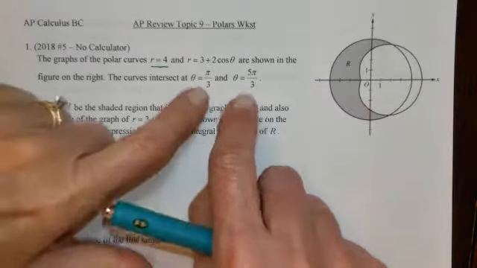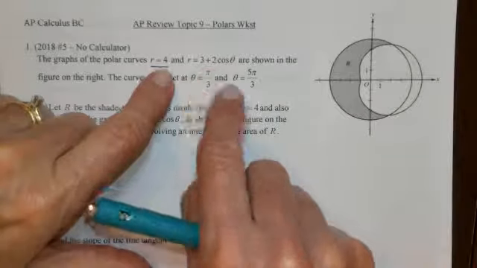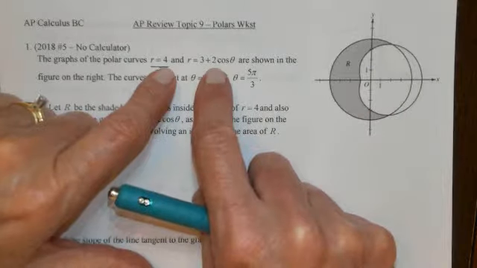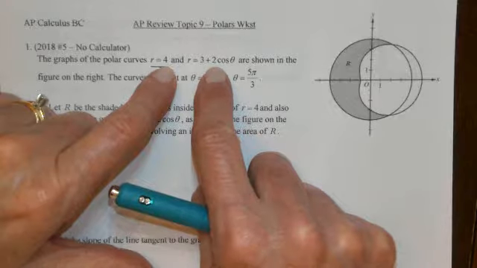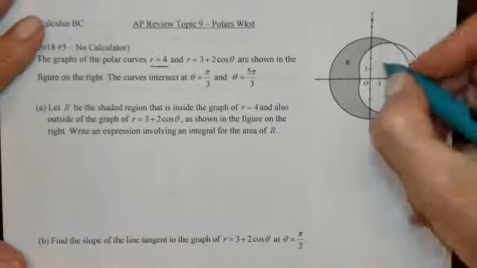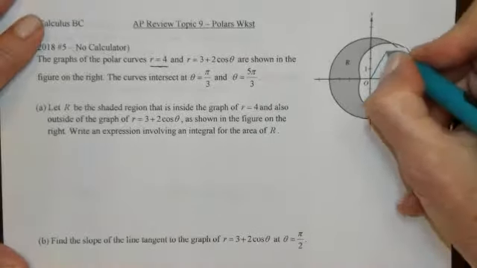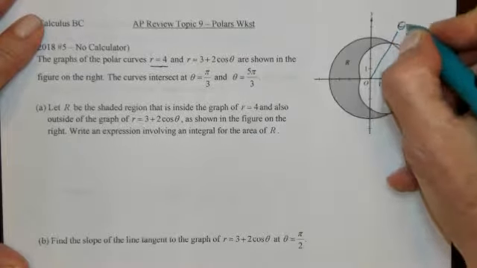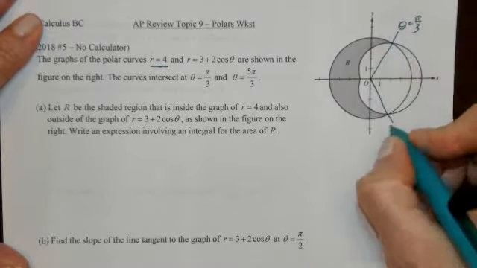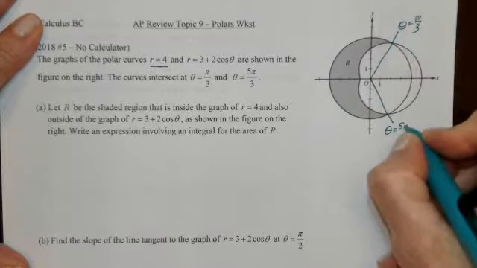If we weren't given it, to find these intersection theta values, we would set the two r's equal and solve for theta. And it wouldn't be too hard. You need to know a little trig. So these theta values are important. I'm going to sketch these in. This is theta equals pi over 3, and this is theta equals 5 pi over 3.